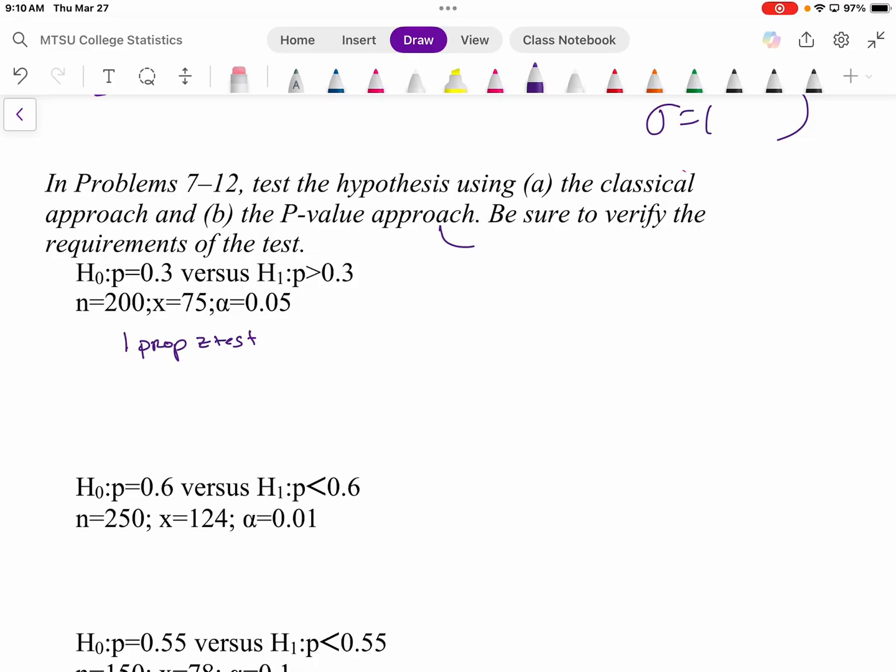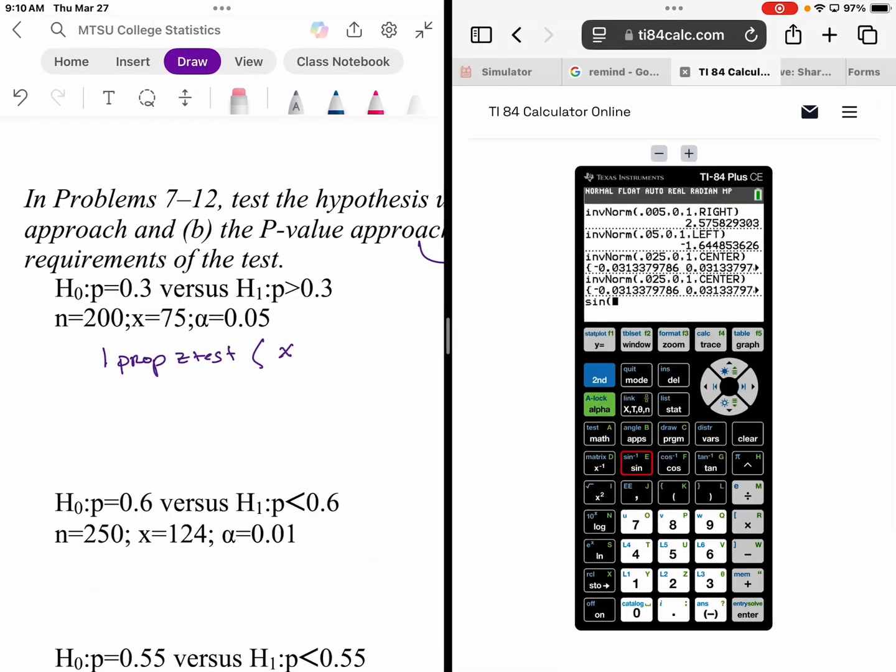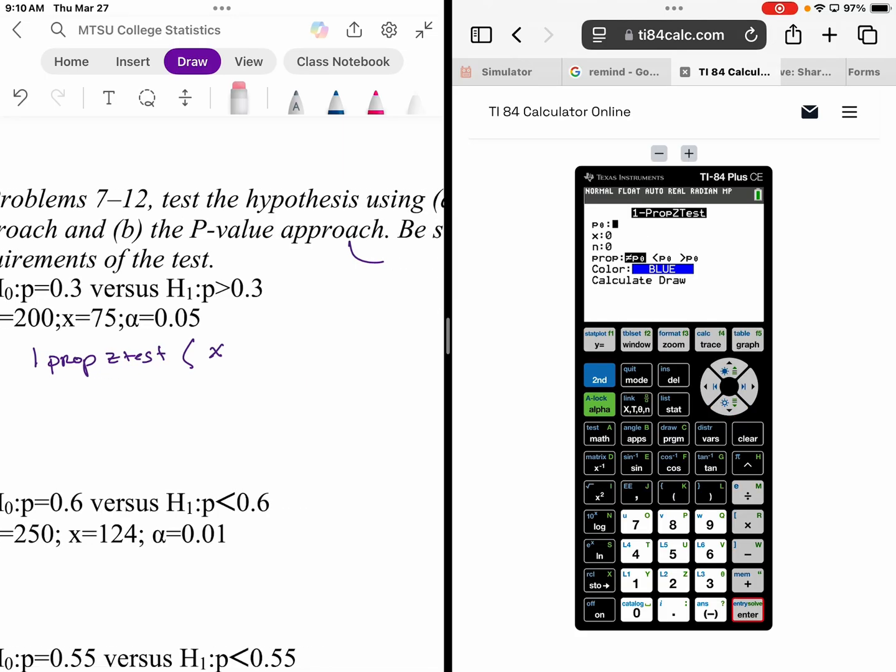So we're doing a one prop z test. Again, I'm going to get the calculator version up here so we can see it on the screen. So STAT, over to TESTS, down to option number 5, 1-PropZTest, one proportion. As we start, we'll write our little script the way it's written on the screen, starting off with what is our hypothesized value?